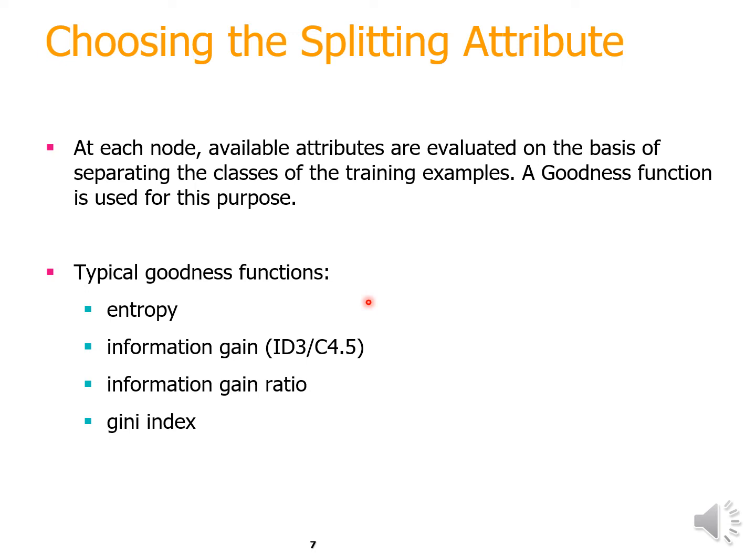Then the next question is, how do you choose one attribute to be the root node? For example, in the previous play tennis example, there are 4 attributes we can choose from: outlook, humidity, temperature, windy, right? Actually, play tennis is the target attribute, so that's not a node of the decision tree.